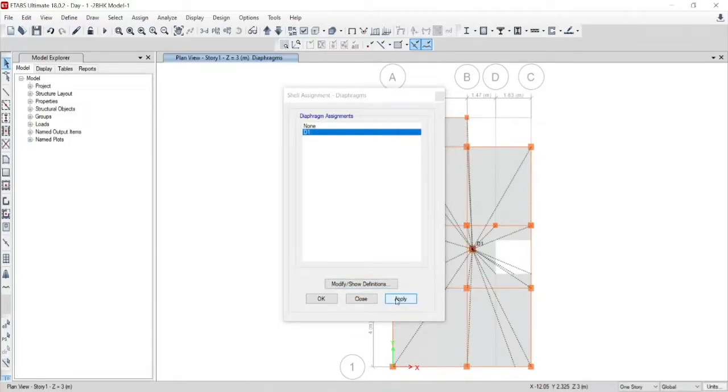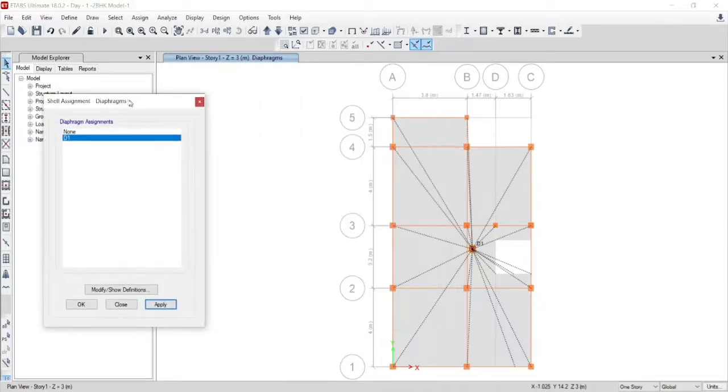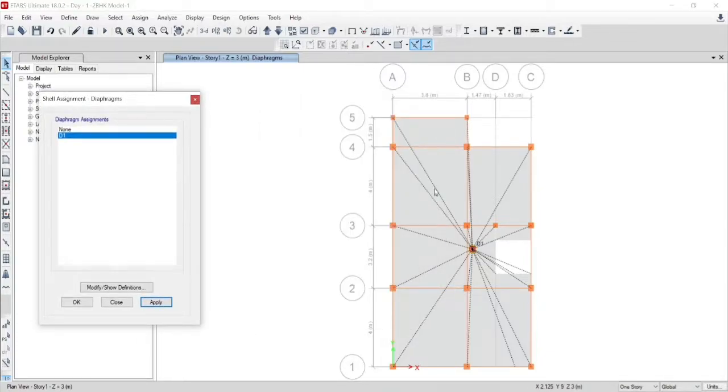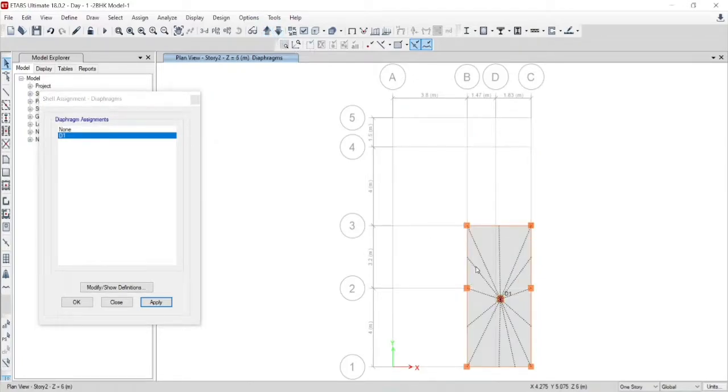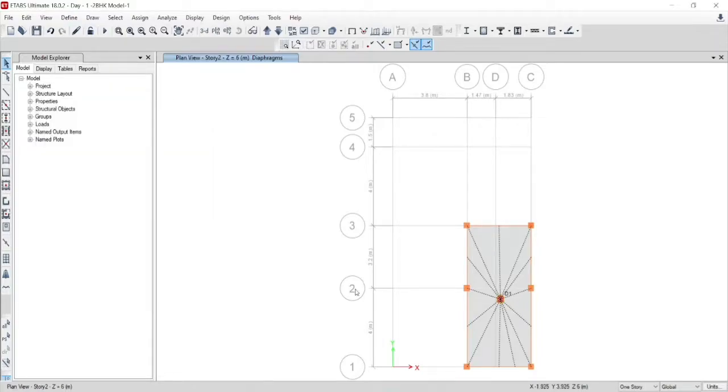Yes, currently what happened is all the floor mass is assumed to be a single component. Now you have to apply diaphragm for the second floor also. Select the second floor and apply, press OK. Now you have assigned two diaphragms.